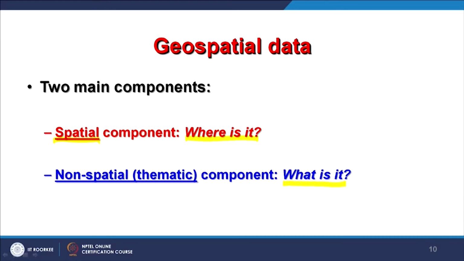And if we have a question like what is it, then that will come from the non-spatial data. So, GIS data can be divided into two main categories, spatial data and non-spatial data. Spatial data can answer questions related to location, and non-spatial data can answer questions related to what it is and so on and so forth.